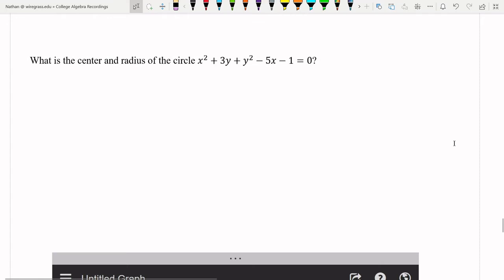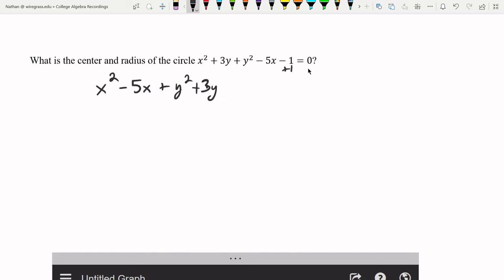Okay, let's try another one. All right, once again, let's get this in standard form. So x's together and then the y's together. And I'm going to move this 1 to the other side by adding that. Okay, now I'm going to look at the number in front of the x term, take that number and divide it by 2.